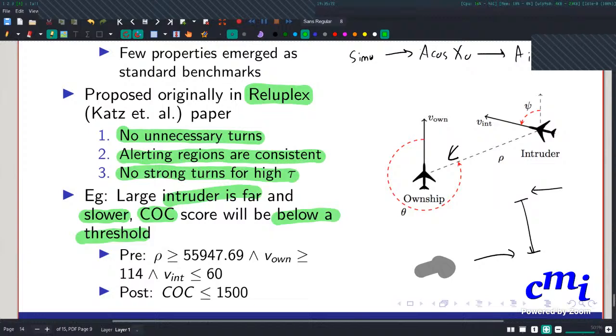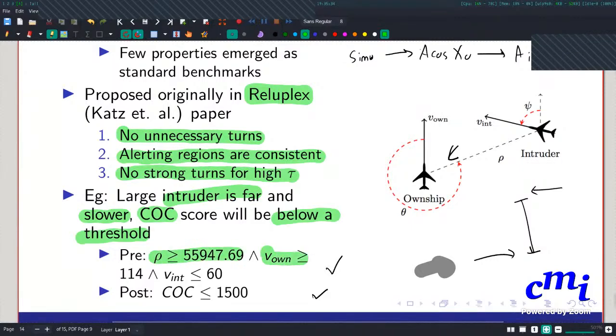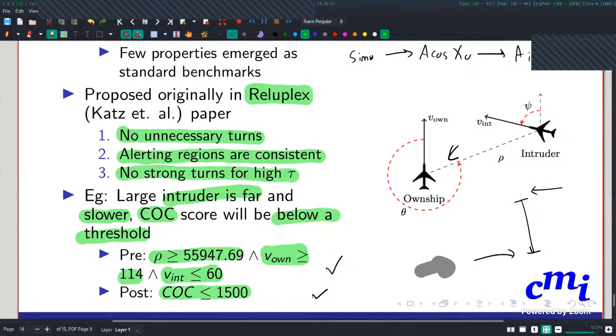So then you can write this property formally as a pre and a post pair, right? The pre is that, of course, distance rho is going to be greater than or equal to something. Your own speed is large, so it's greater than 140. And the intruder speed is small, so it's less than 60. Then the postcondition is that, if these things hold, then clear of conflict should be less than 1500. Again, the precise values are something that we won't really worry about.